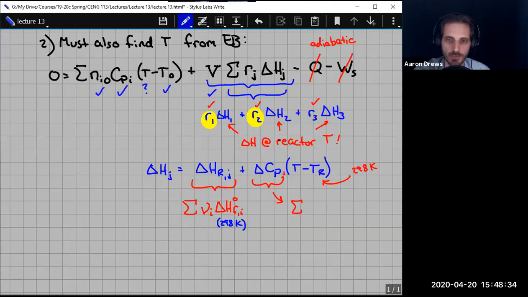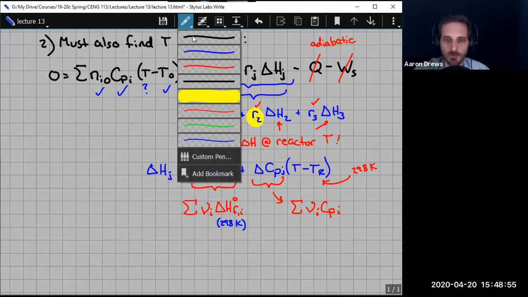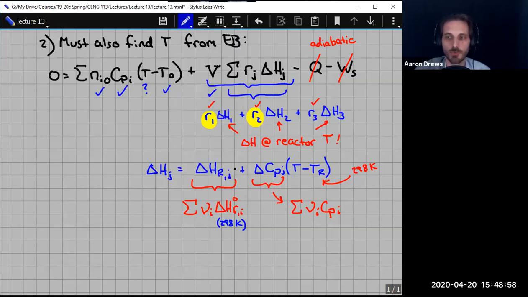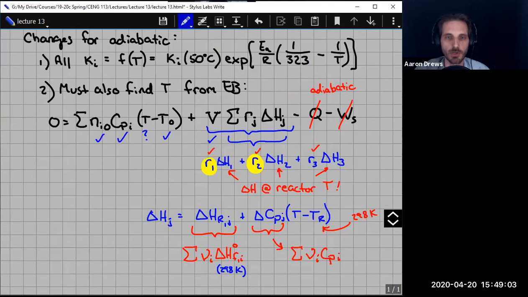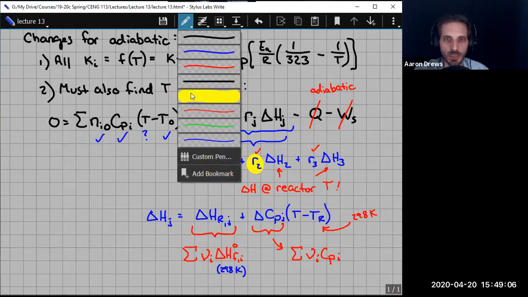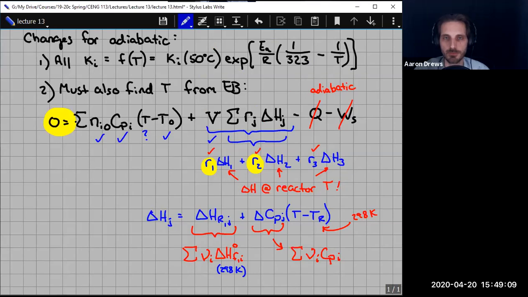It's actually delta CP sub J for each reaction J, which is nu sub i times C sub p,i. We know all of those terms: all of the stoichiometric coefficients of each parameter, and all of the heat capacities for each parameter. So we would add an extra line in our MATLAB code where we're solving for this particular value. We're going to write that equation inside of MATLAB.